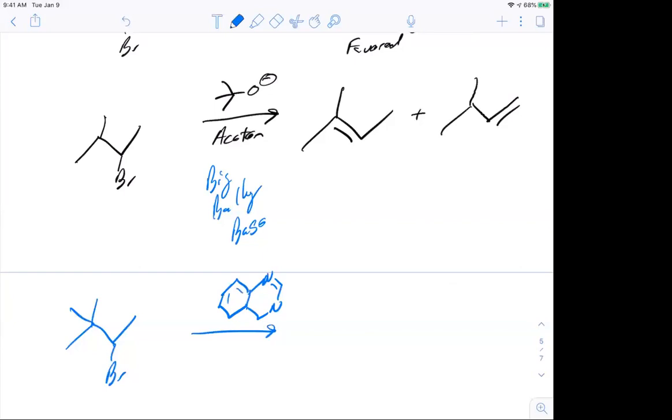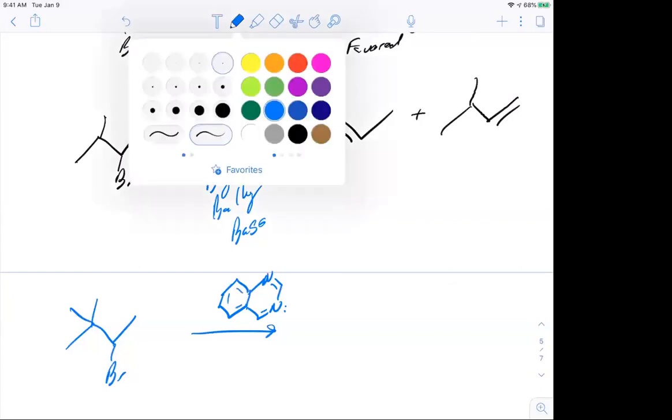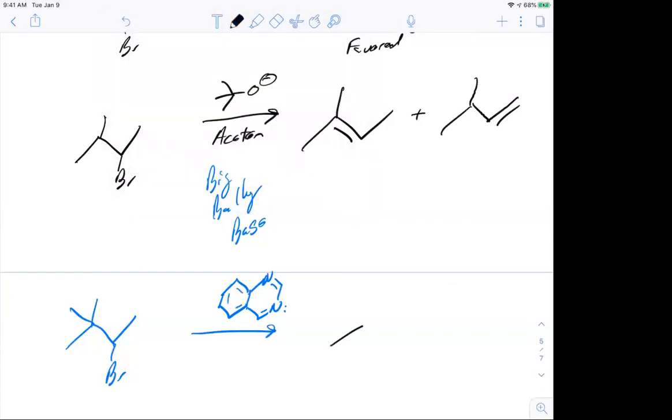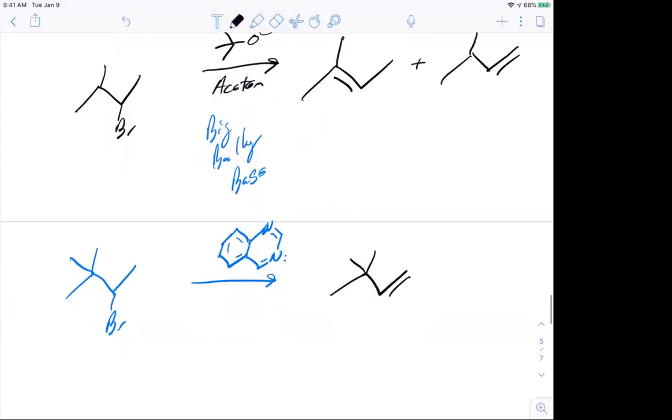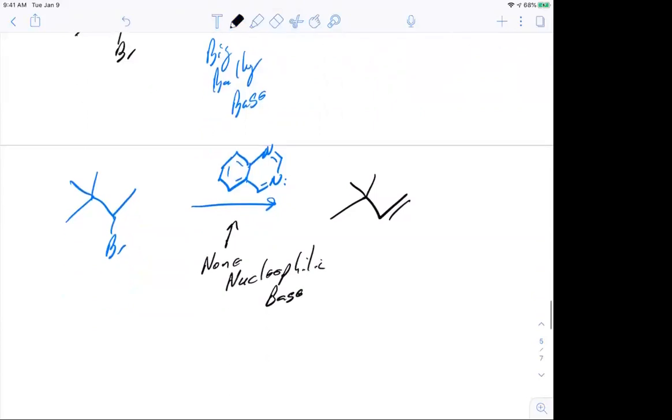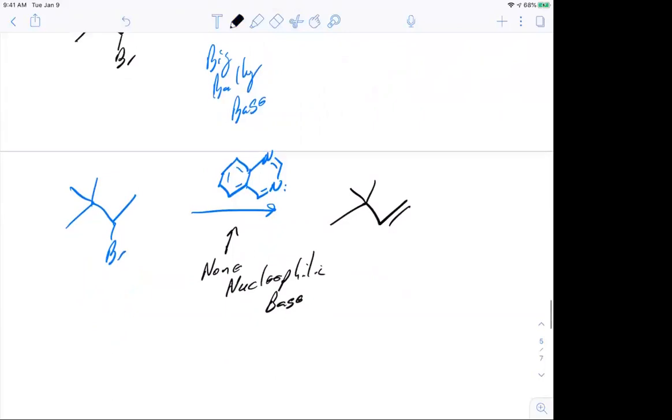Sorry, I can't remember what I was. Okay. So here, if we look at this one, we can use a non-nucleophilic base and always end up with the elimination. There's not a long list of these standard ones, so I'll get those for you for Tuesday. I should have written those down before we started.